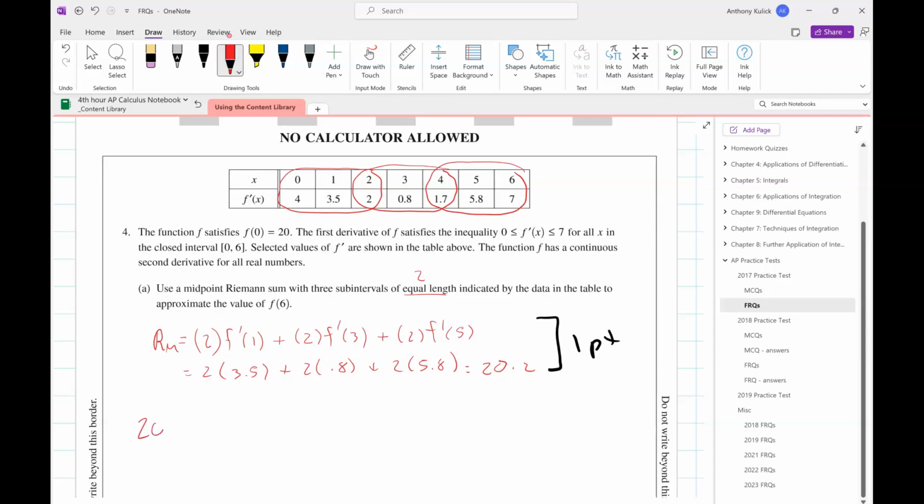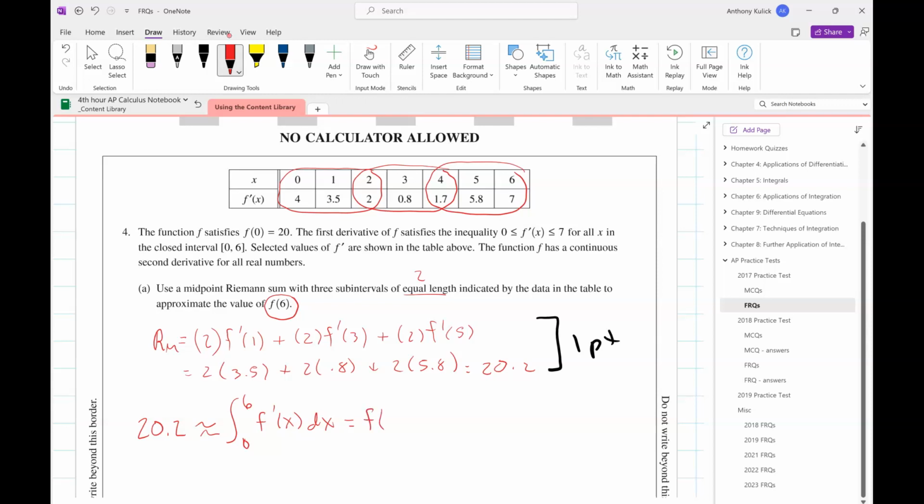So you know that 20.2 is approximately the integral from 0 to 6 of f prime of x dx. That's what you found, right? But what do we want? We want f of 6. What else is the integral from 0 to 6 of f prime of x dx equal to?